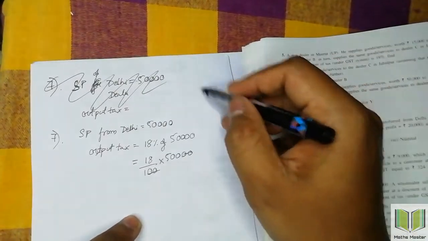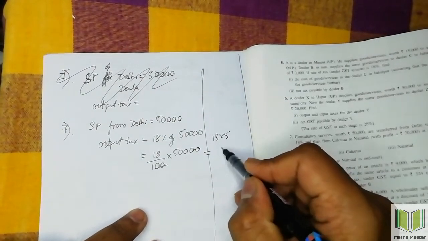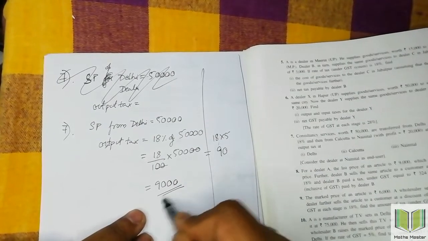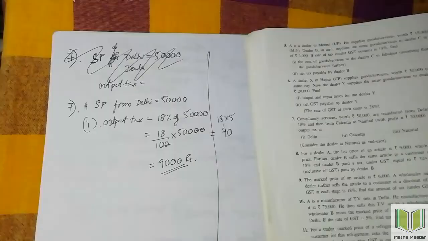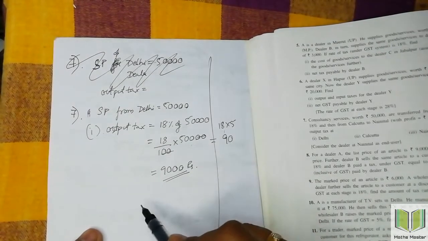Double zeros gets cancelled. 18 times 5 will be equal to 90. So 9,000 will be the output tax paid by Delhi. Okay, now output tax of Delhi is found to be equal to 9,000 rupees.